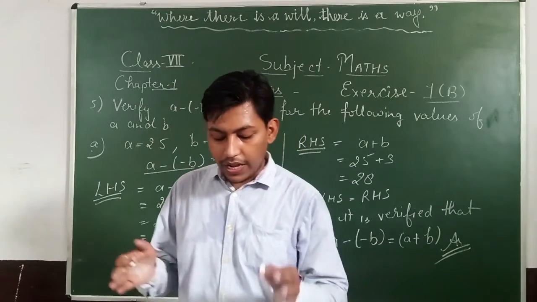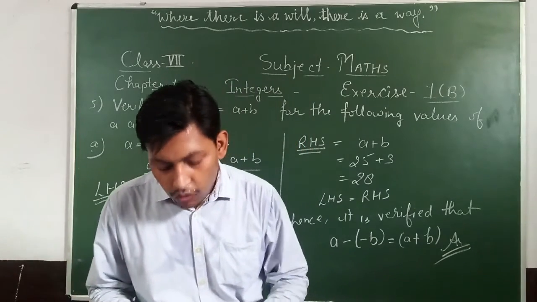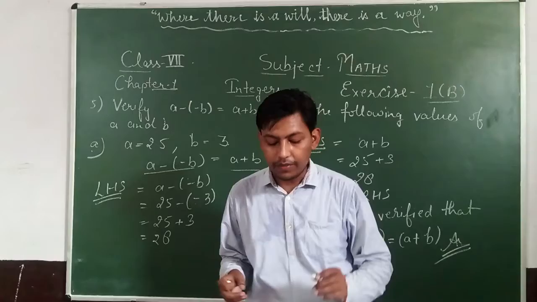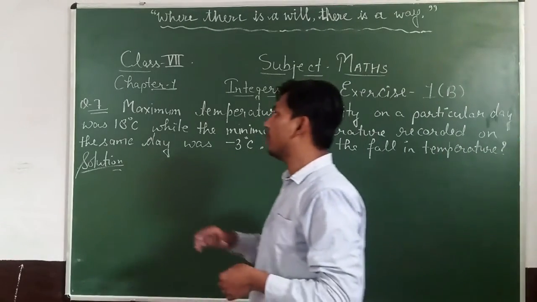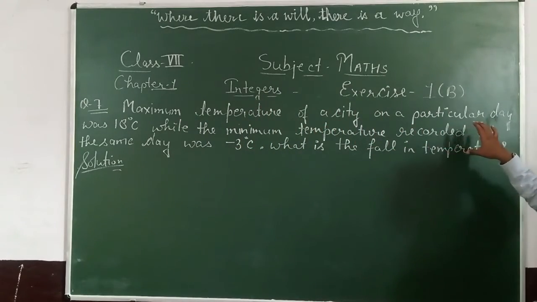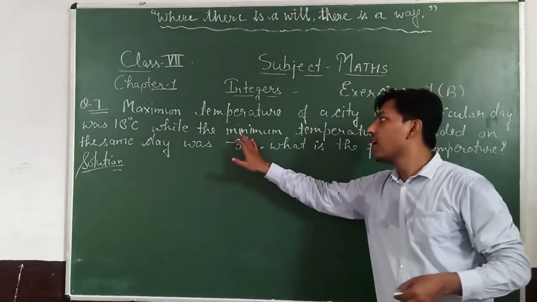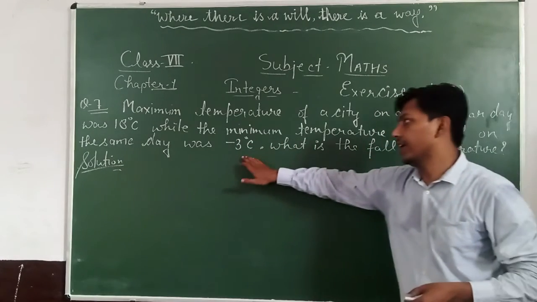Find the sum of the LHS and RHS and compare which one is greater. Now question number 7. What is question number 7? The maximum temperature of a city on a particular day was 18 degrees Celsius, while the minimum temperature recorded on the same day is -3 degrees Celsius.